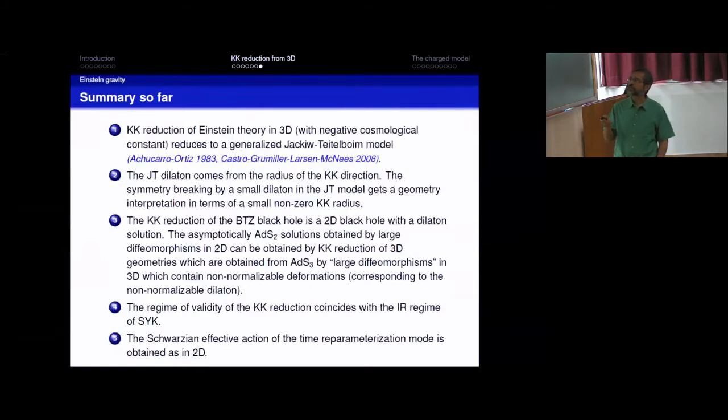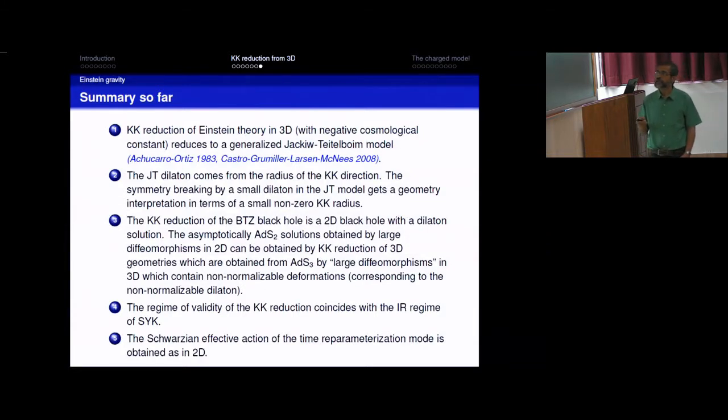So the summary so far. The Kaluza-Klein reduction of Einstein theory in 3D reduces to the Jackiw-Teitelboim model. The dilaton comes from the radius. As I said, the symmetry breaking by a small dilaton in the Jackiw-Teitelboim model gets a geometrical interpretation in terms of a small non-zero Kaluza-Klein radius.